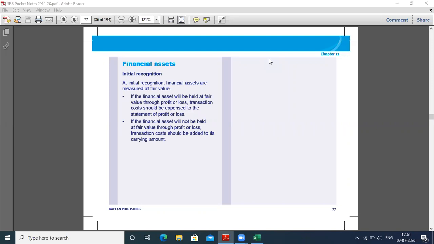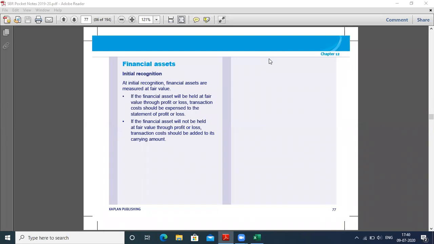Now here also we will be applying the same concept as for financial liabilities. If you are dealing with trading companies, the transaction cost on the financial asset should be shown in the statement of profit or loss account. And for a non-trading company, the transaction cost should be added to its carrying amount.